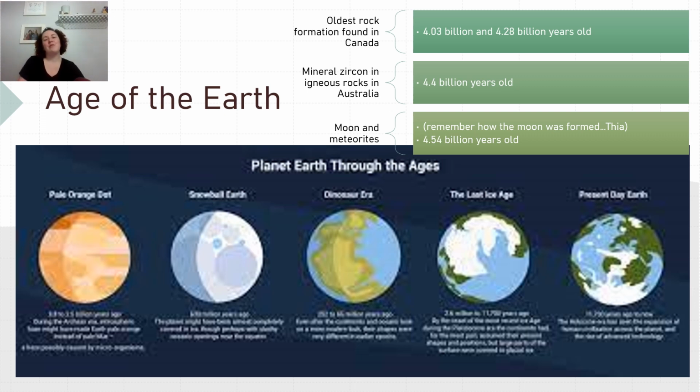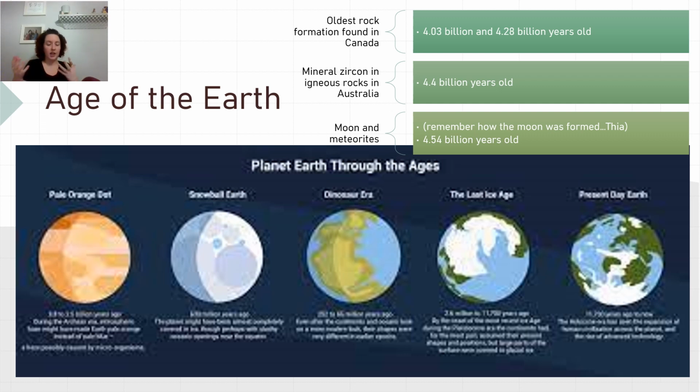So the oldest rock formation ever found was actually found in Canada. And with the radiocarbon dating that they were able to do using multiple isotopes, geologists have determined that the formation falls between 4.03 billion years and 4.28 billion years old. Now, they've also found the mineral zircon in igneous rock.